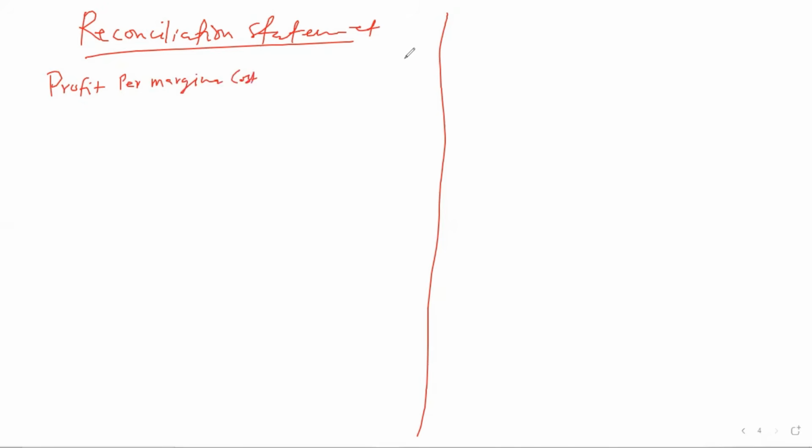Let me put this plus sign here. If you want to start with the profits that you had under the marginal costing, you add the closing fixed elements.